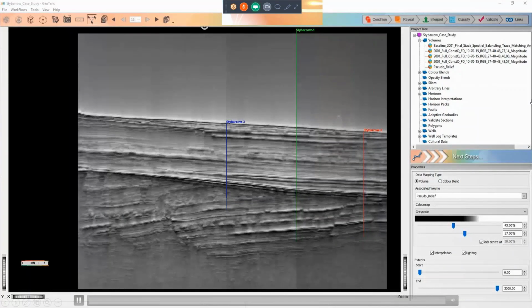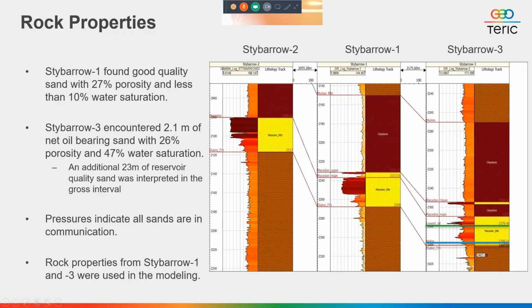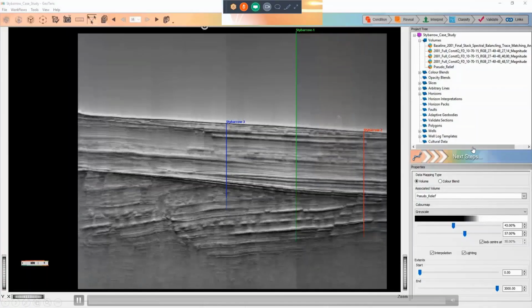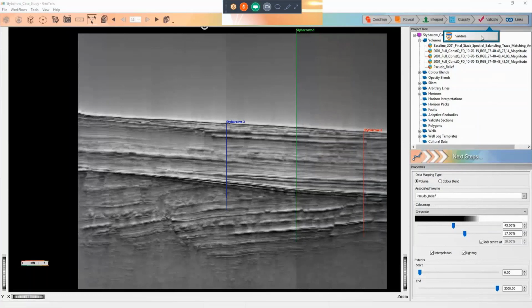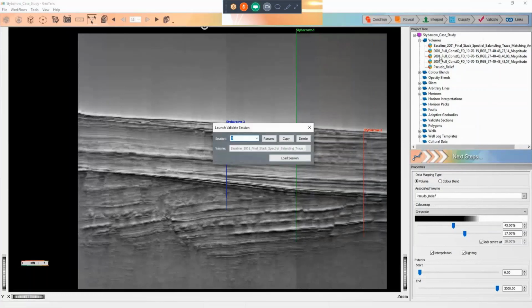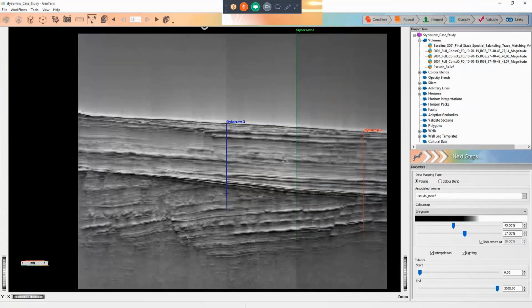So in terms of what we did for the demo, the way to activate and validate is through the top right bar. We give it a name for our session and use one of the seismic volumes as a starting point.